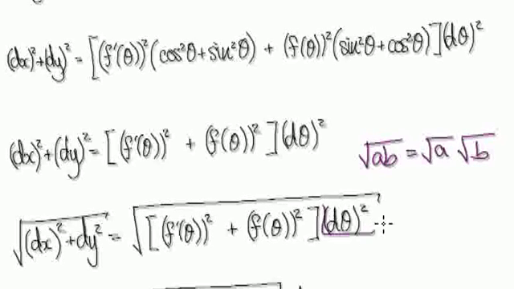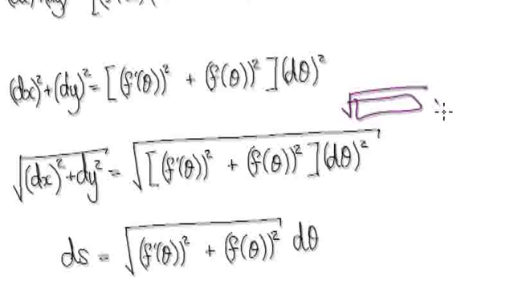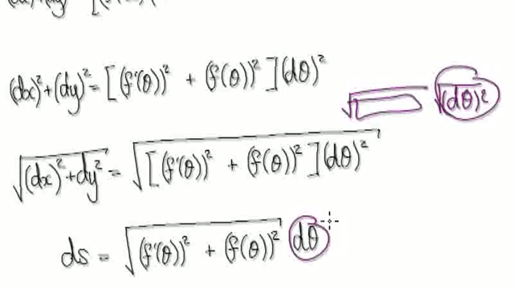So it's like the square root of the whole thing, and then the square root of d theta squared, and this thing here just becomes d theta.